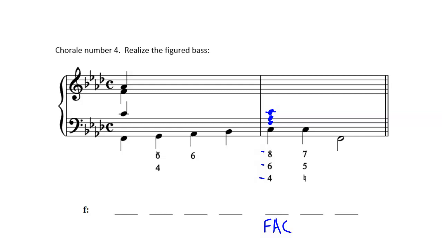which is a 6/4, second inversion, because it has the C in the bass. So in the key of F, that's a I 6/4. And then this one, if I put a 7 and a 5 above that, and then we know if there's an accidental just hanging out there, it applies to a 3rd.